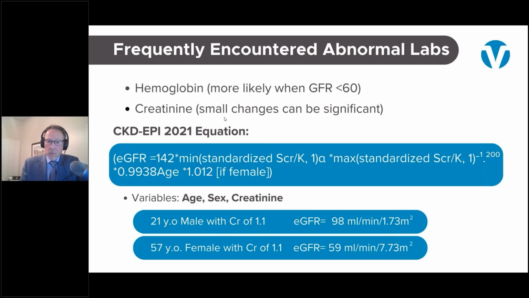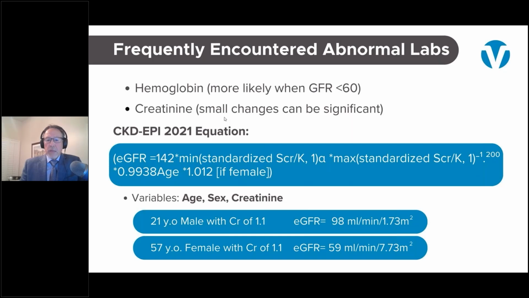One of the most common ones will be hemoglobin. As you can imagine, with decreased renal function, there'll also be a tendency towards anemia. This usually is not a major issue. It, in fact, is rarely seen unless you get into the fairly significant levels of CKD.